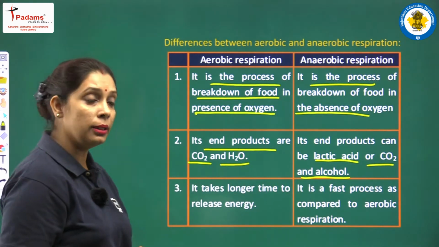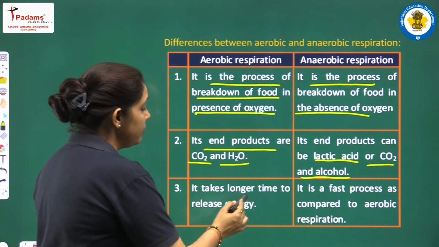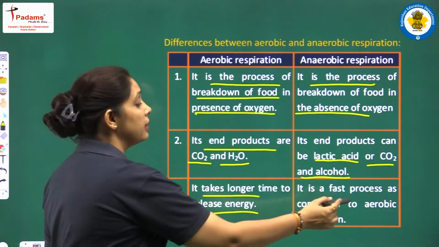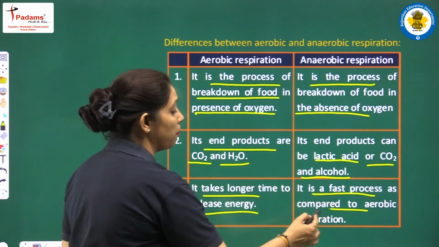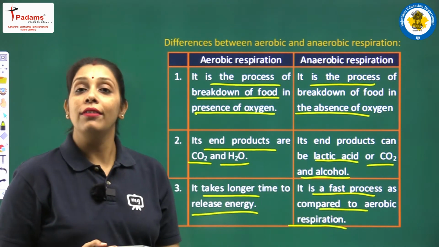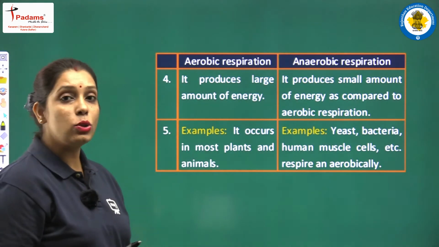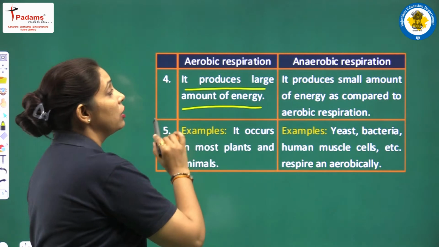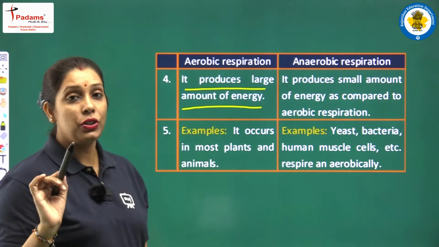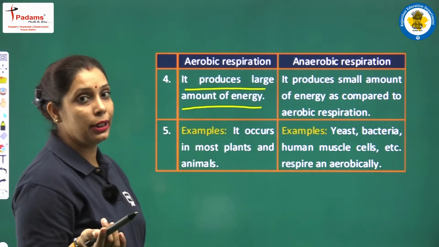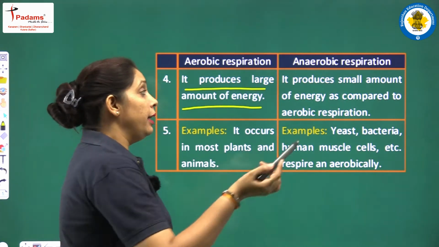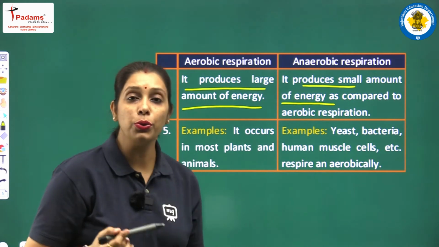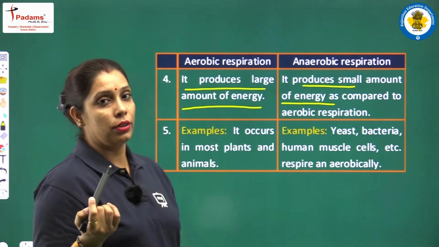Fine, class 7th. Next difference, it takes longer time to release energy and here it is a fast process as compared to aerobic respiration. More differences we can write here. It produces large amount of energy. Aerobic respiration से हमें ज़्यादा energy gain होती है. Is that clear? Here it produces small amount of energy as compared to aerobic respiration.